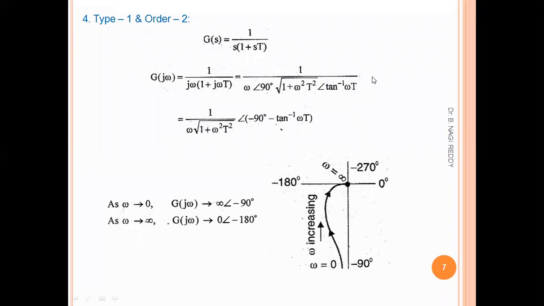Now you can combine this angle and bring it to the numerator, and take this and separate the magnitude also. So the magnitude will be 1 by omega into square root of 1 plus omega square t square, and the angle will be this minus 90 becomes this plus 90 becomes minus 90, and this plus tan inverse omega t becomes minus tan inverse omega t.